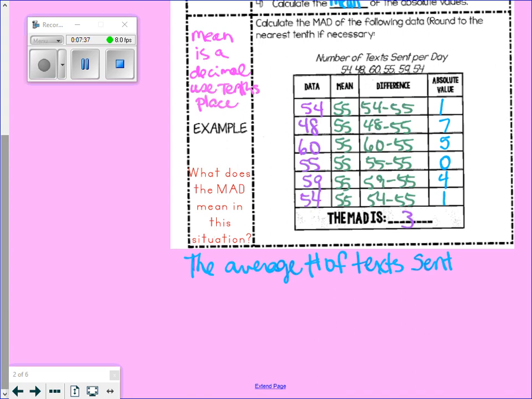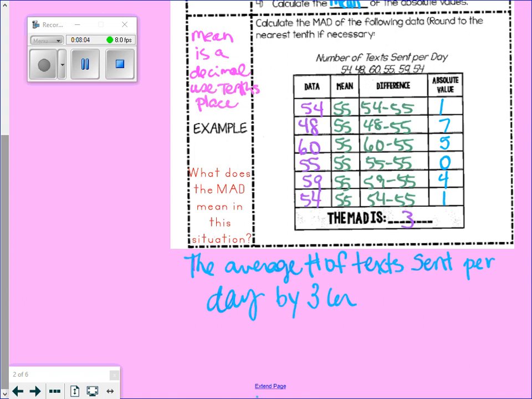The average number of texts sent per day varies by 3. By an average. Varies by an average of 3 texts. Okay. The average number of texts sent per day. What do you want to edit? Varies by an average of 3. Okay.